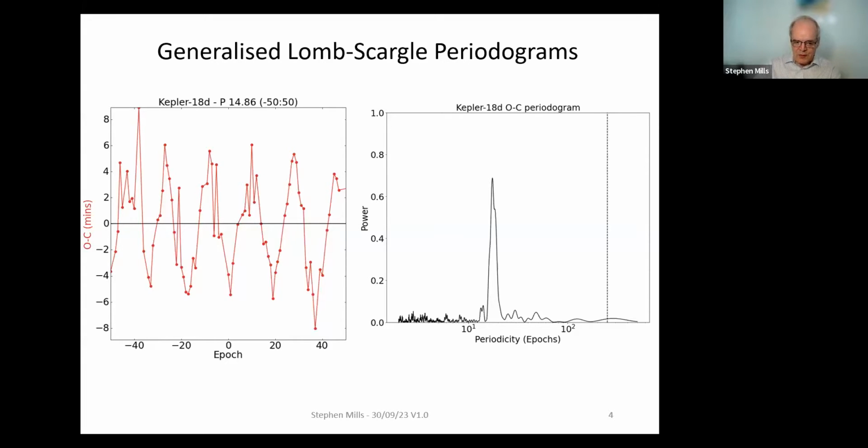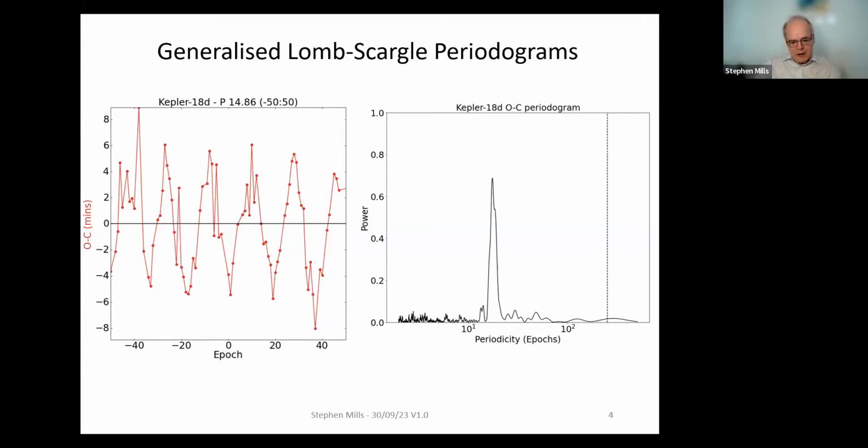And I've used this one as the example because it's a very regular TTV caused by two exoplanets which are in resonant orbits. So the ratio between the orbits of Kepler 18c and 18d are almost exactly 2:1. So you get this very regular variation in the transit timing, as you can see on that graph.